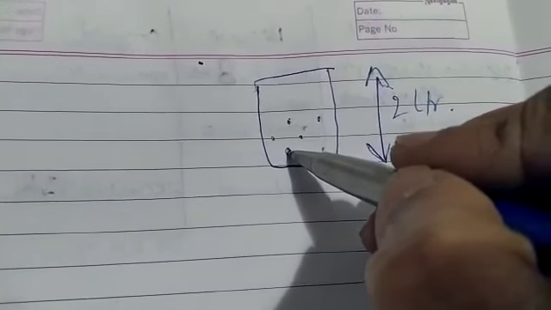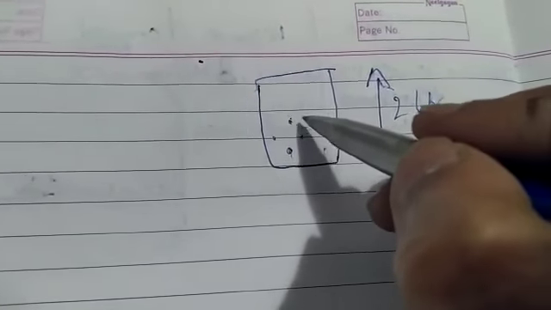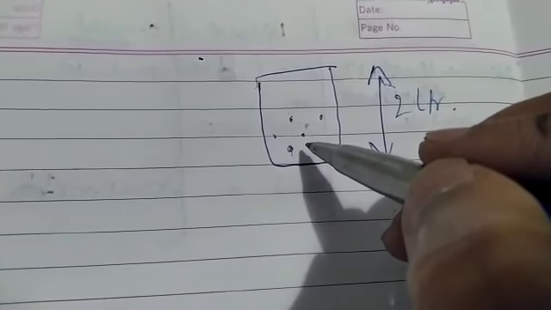So if I consider this whole 2 liters, that is the volume of the container, to the volume of these particles, what I will observe is that the volume of these particles is very negligible or very less as compared to the volume of the container, meaning the volume occupied by the gas.